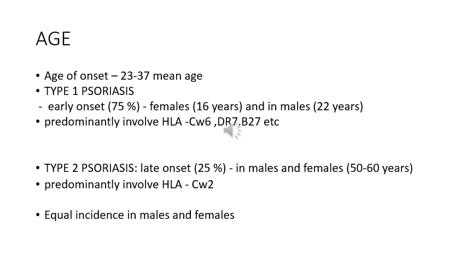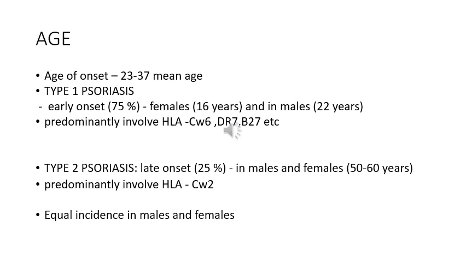According to age, psoriasis is usually divided into type 1 psoriasis and type 2 psoriasis. Type 1 psoriasis is of early onset, meaning 75% of people having psoriasis have type 1. In females it occurs at an early age of 16 years, and in males usually 22 years. It is predominantly associated with the presence of HLA-CW6, DR7, B27.